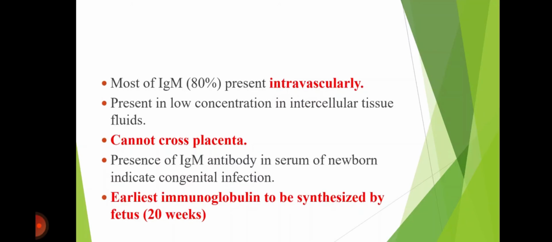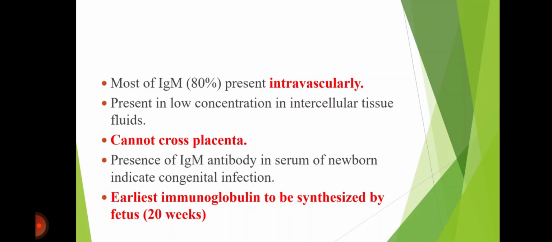Most IgM is present intravascularly, about 80%. It is present in low concentration in intercellular tissue fluids. It cannot cross the placenta, whereas, as we discussed, IgG crosses the placenta and provides immunity.